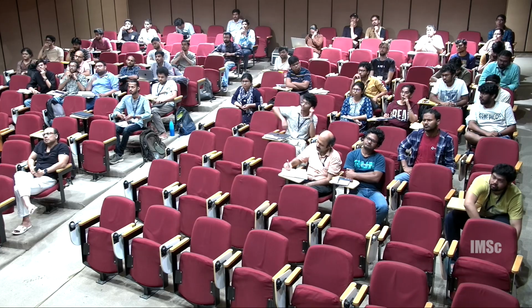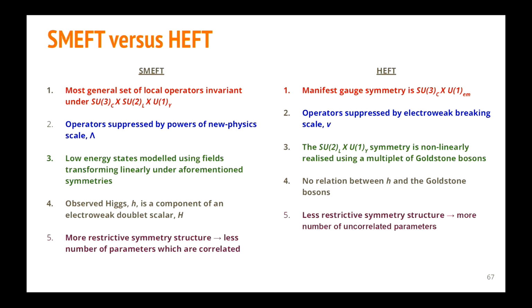The operators here are suppressed by powers of the new physics scale lambda, and there we will see that they are suppressed by the electroweak breaking scale v. The low energy states will be modeled using fields which transform linearly under all these symmetries, whereas in this case the SU(2)_L U(1)_Y symmetry is non-linearly realized using a multiplet of Goldstone bosons.